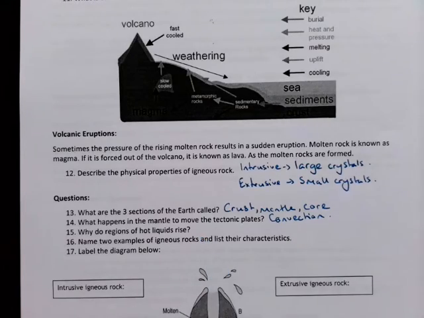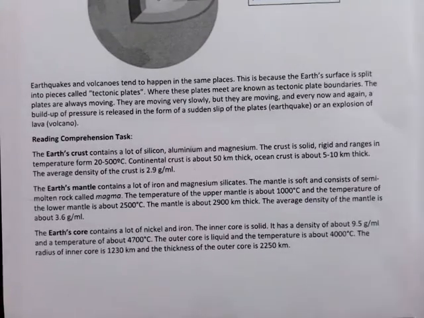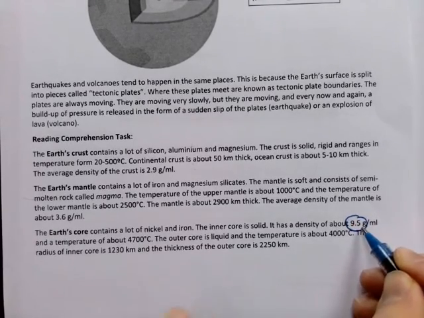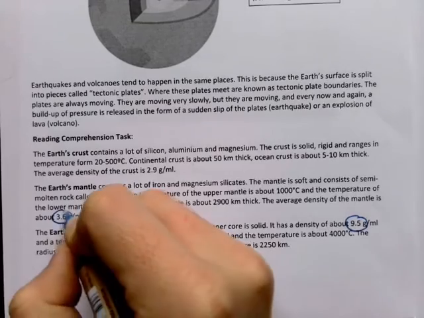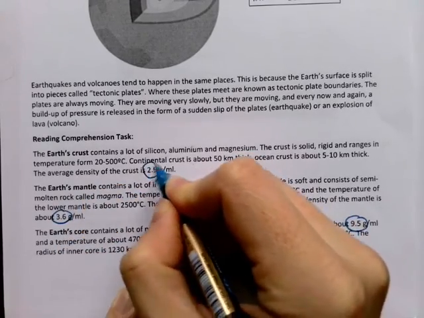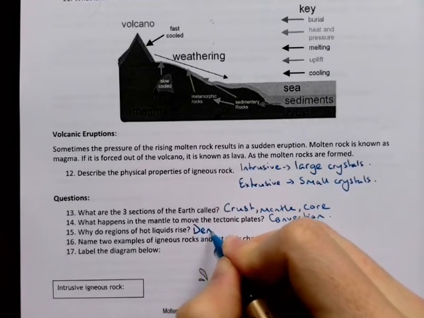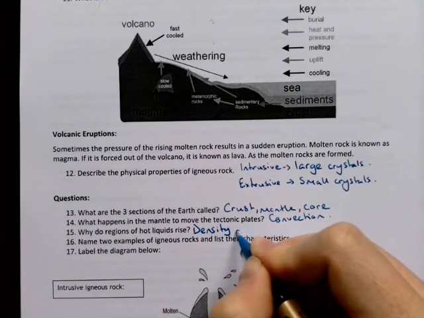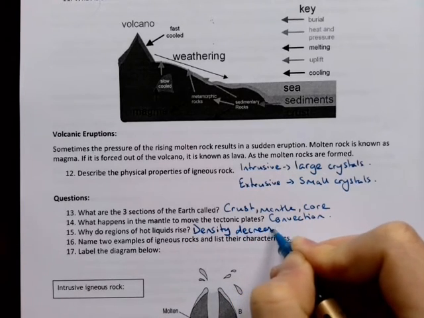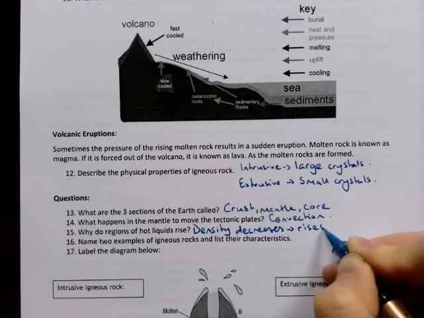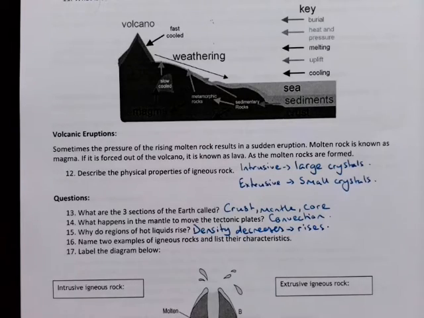So you would have noticed when we were doing this reading here that the density in the core is really high, and in the mantle it's lower, and in the crust it's even lower. So as the density decreases, it rises. Name two examples of igneous rock and list their characteristics.